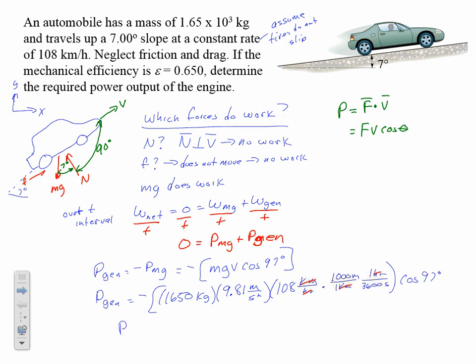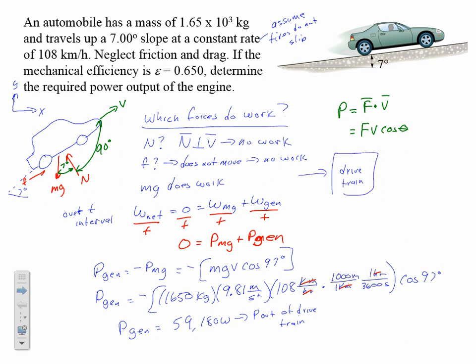And if you work all that out, it comes out to a positive number, 59,180 watts. And so this is the power delivered by the drivetrain, power out of drivetrain. So if you think of our drivetrain up here, right, here's our drivetrain.